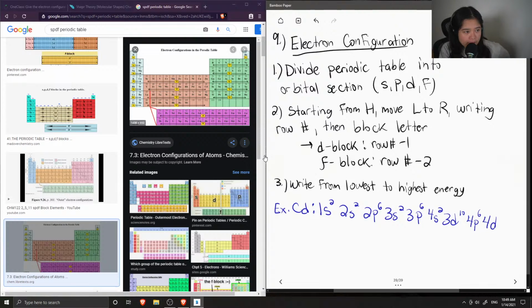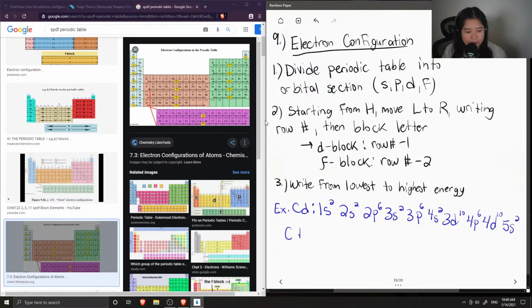So I'm going to write 4d and then count up to cadmium, which is 10. And then I'm going to write my 5s2, which is higher in energy than the d orbital.